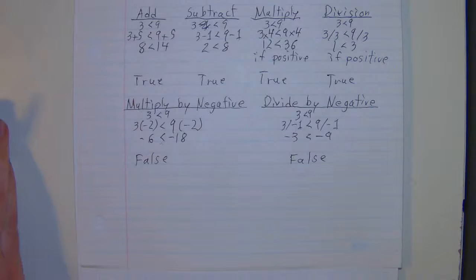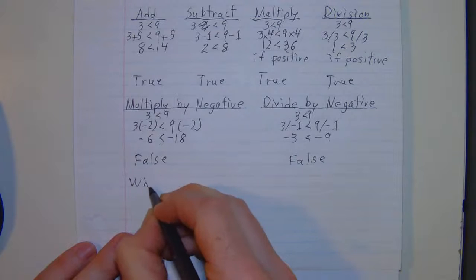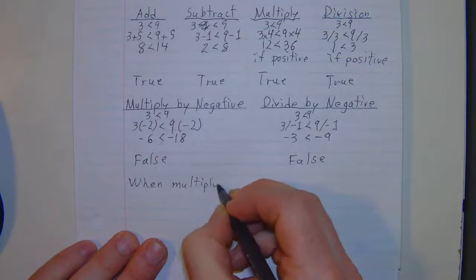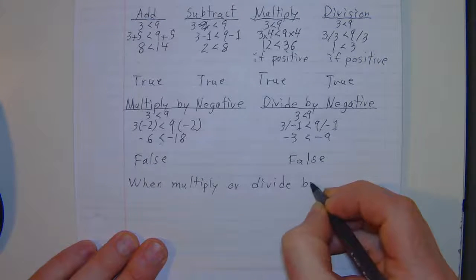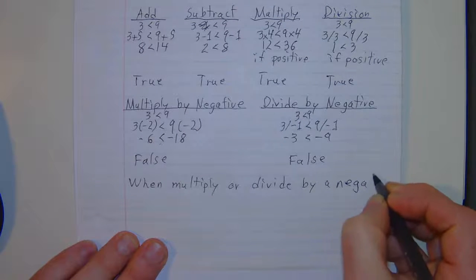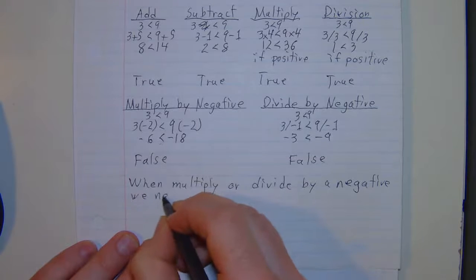So what do we get out of all of this? Well, when we multiply or divide by a negative, we need to flip the inequality.